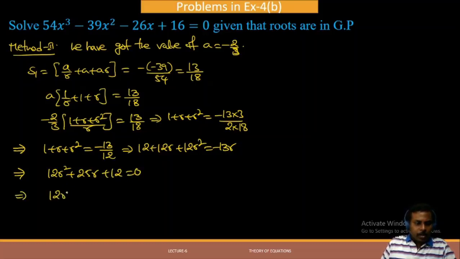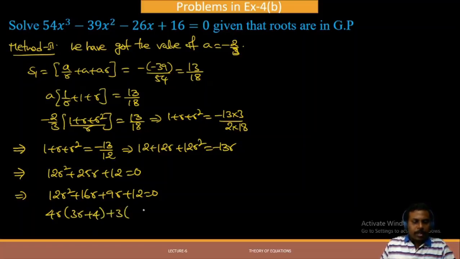So this is 12R square plus 16R plus 9R plus 12 is equal to 0. Now let me take common 4R. This becomes 3R plus 4 plus 3. If I take common in the next two terms, I get 3R plus 4 is equal to 0.